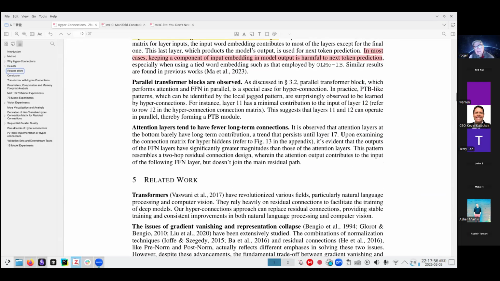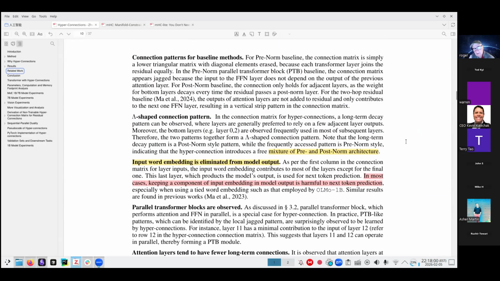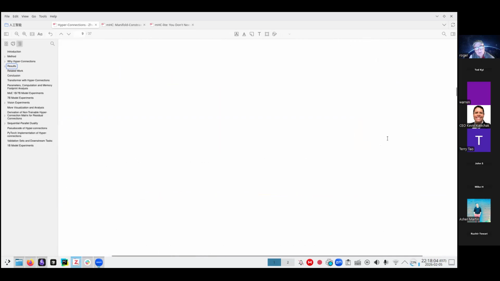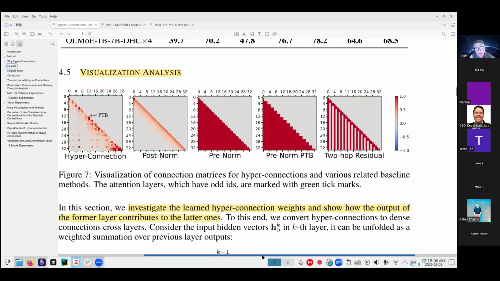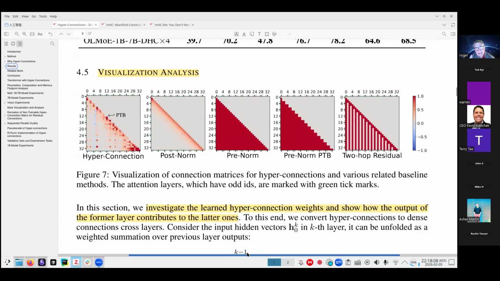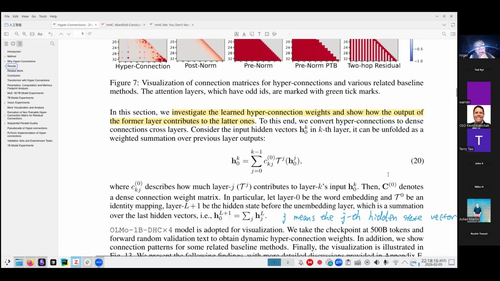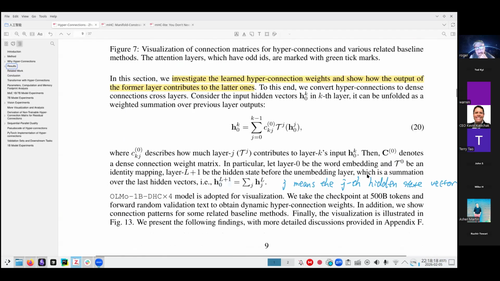Carrie, a couple of questions on that. The visual that you just had there with the influence of one layer to another, do you know if this is for the static connection weights? Good question, I didn't pay attention to that.